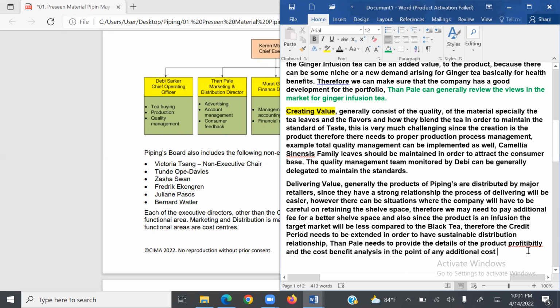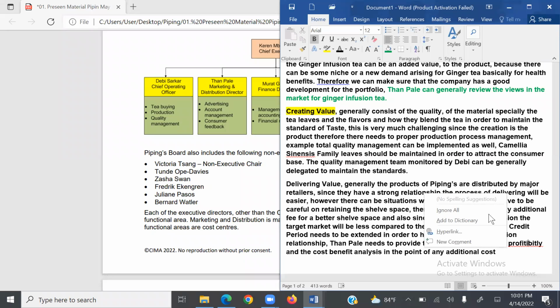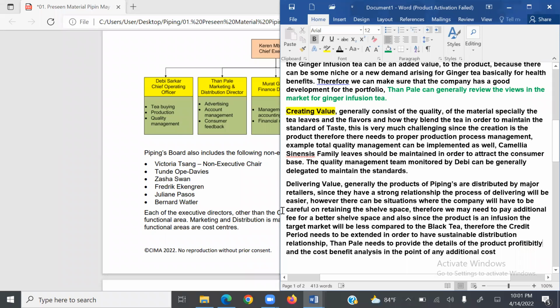So students, this is a very difficult area because with a new product, generally there will be a situation where the domination will be higher from the retailers. So delivering is after you manufacture the product, how you are going to distribute the product, that is delivery.